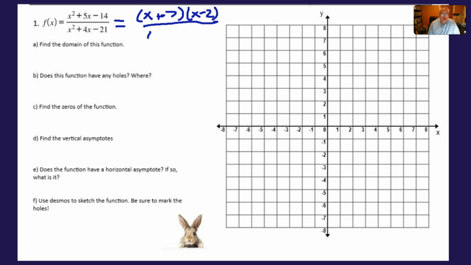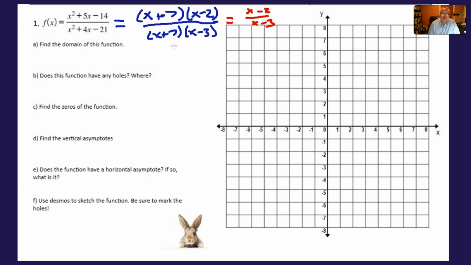And this one's going to factor into x plus 7 over x minus 3. So we see we have the repeated factor here. This is going to equal x minus 2 over x minus 3 everywhere except at x equals -7, right, where this repeated factor cancels.